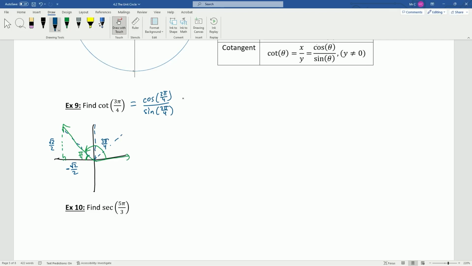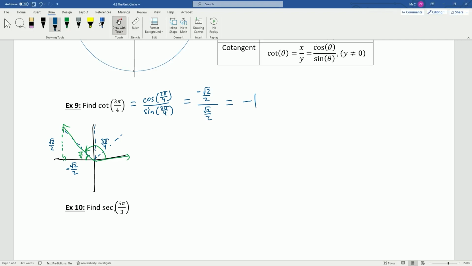Okay, so cosine of 3 pi over 4 is negative root 2 over 2. And sine of 3 pi over 4 is positive root 2 over 2. So if I have a negative root 2 over 2 divided by positive root 2 over 2, that's just negative 1. I'm going to write my negative a little more clearly here. There. So cotangent of 3 pi over 4 is negative 1.